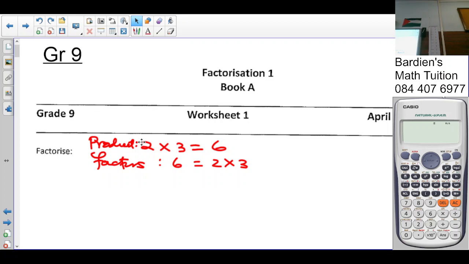So when we're doing that first type, the common factor, we take out the greatest common factor occurring in all the different terms of the expression. You guys understand? Right.